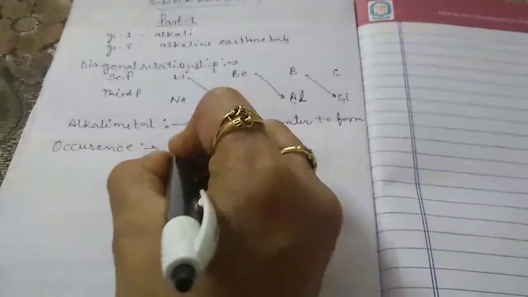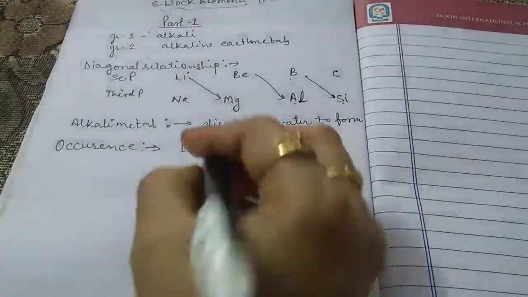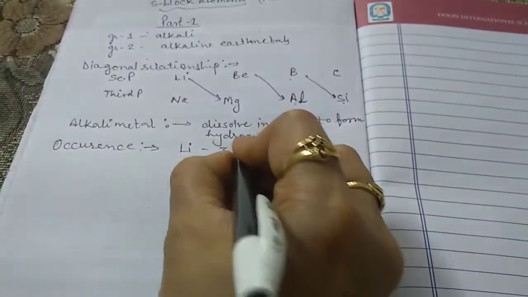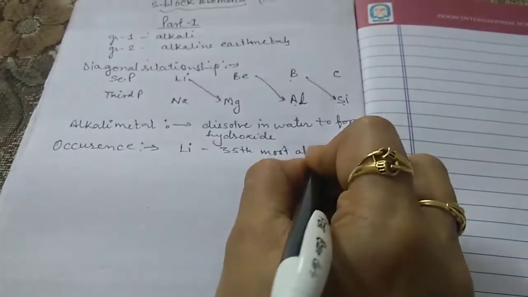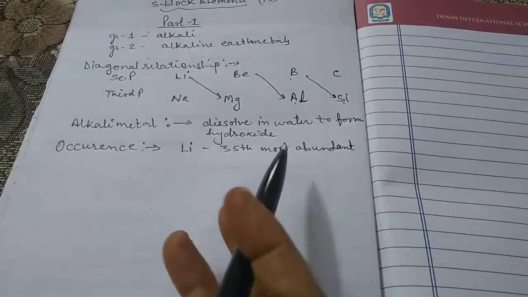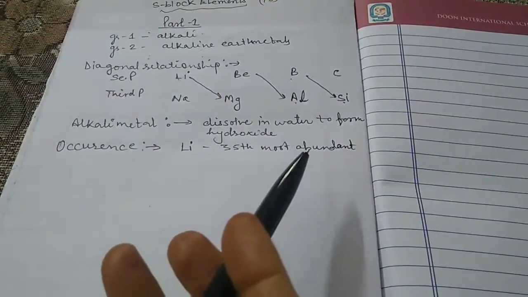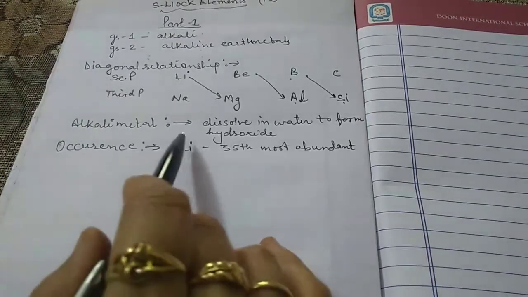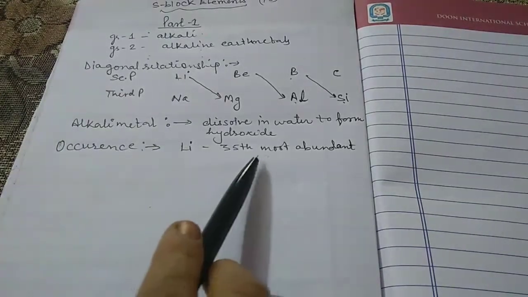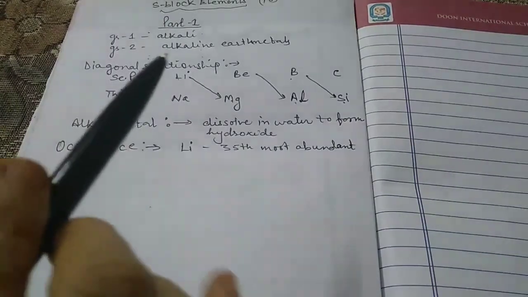Lithium, the first member of the family, is the 35th most abundant element by weight, and it occurs mainly as a silicate mineral.